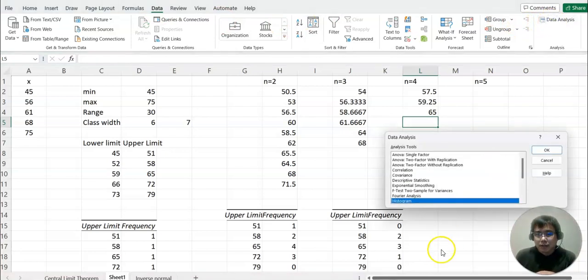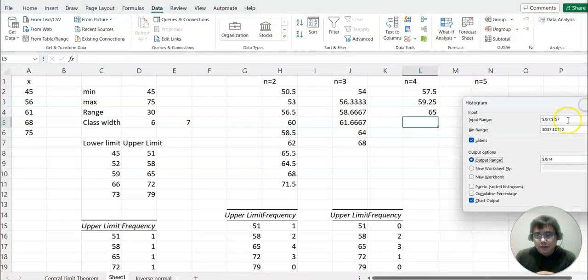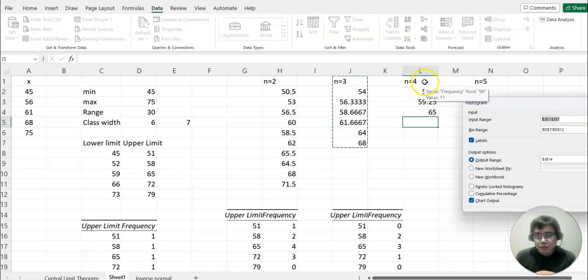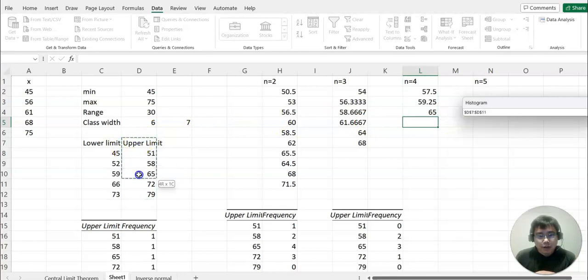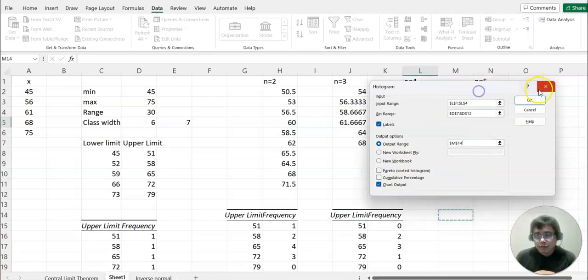Now input range, switch this one. The bin range is still our upper limit. This time I'm going to display it around here. Chart output, that's good.